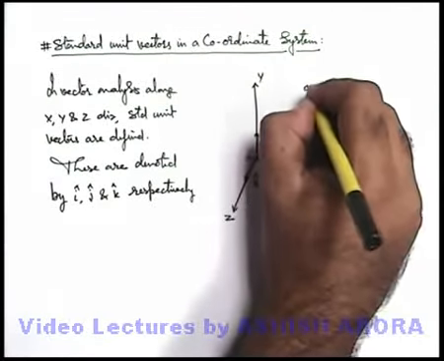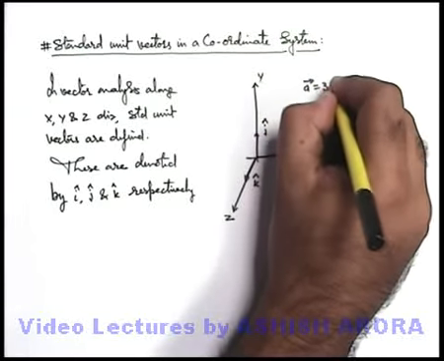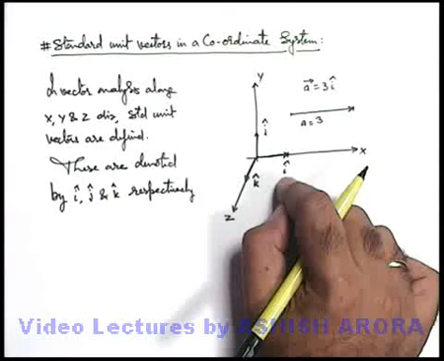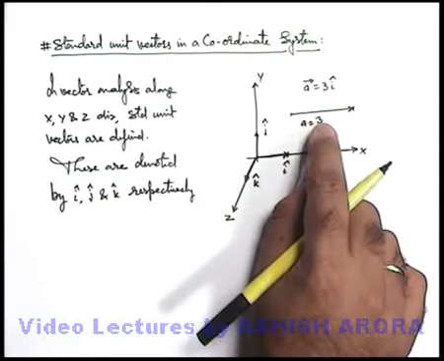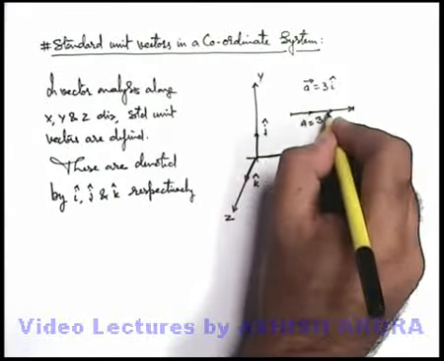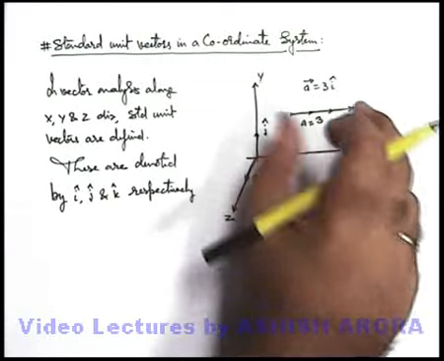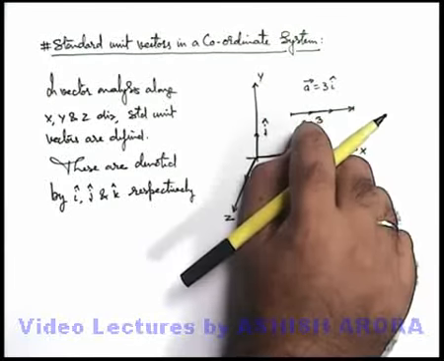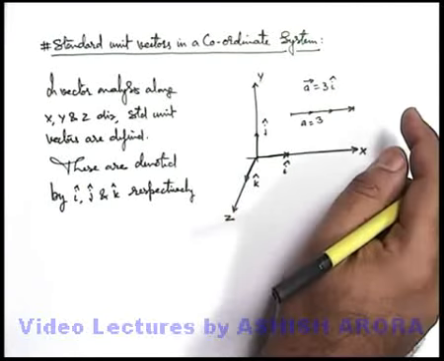We can write A vector equals 3 i cap, because the unit vector in the direction of the x-axis is i cap and its magnitude is 3. It can be written as i cap plus i cap plus i cap, which when added one after another gives magnitude 3, so 3 i cap.